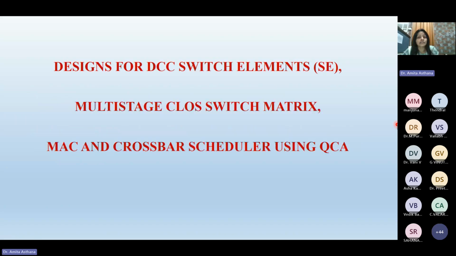So to start with the digital cross connect switch element design, I will first of all consider a 2x2 switch element, and then using this switch element, I will go to the designing of a multi-stage cross switch matrix, and of course some other parts which I told, that a crossbar scheduler is also necessary for routing any data, because if there is no scheduler, then there is no use of designing a switch matrix architecture, because all the switches work properly only when there is a proper scheduler, so that blocking can be avoided.